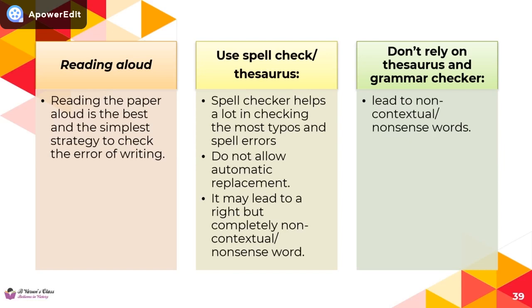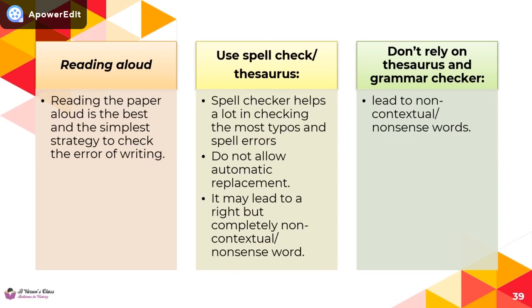First, reading aloud. Reading the paper aloud is the best and the simplest strategy to check the errors of writing. Second point, use spell check or thesaurus. Using a spell checker helps a lot in checking most typographical or spelling errors.